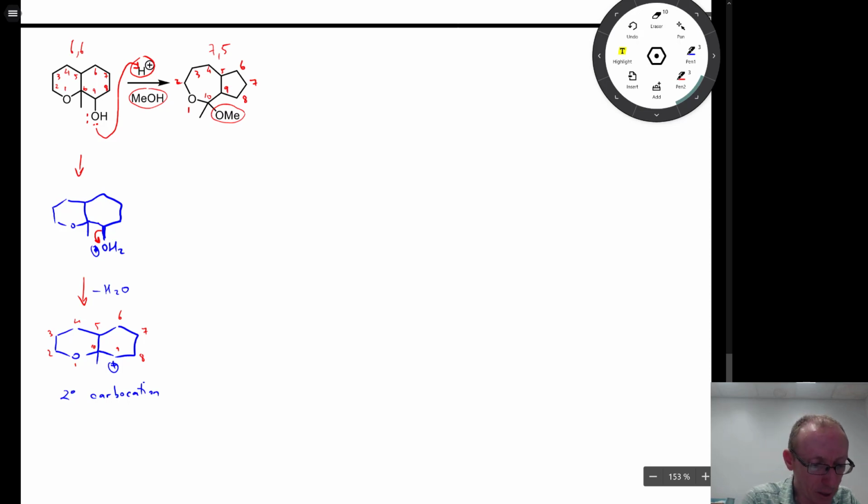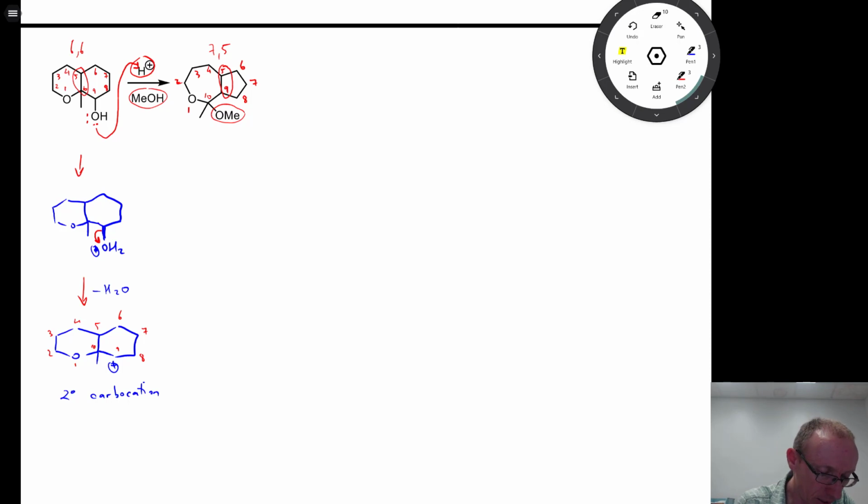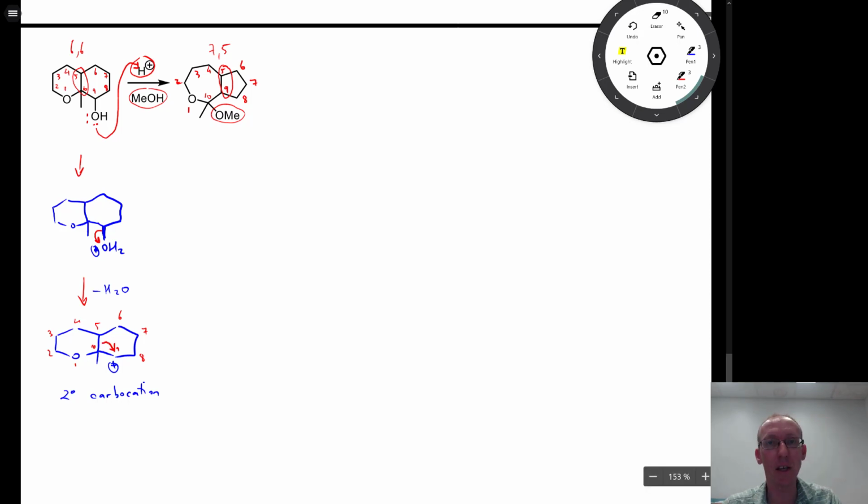In this starting material, we've got the 5 and the 10 carbons bonded together, and in the product it looks like the 5 and the 9 carbons are bonded together. So could it be that the 5 carbon and its pair of electrons have migrated across to the 9 carbon? Well, if we look at the carbocation we formed, it's at that 9 carbon. So that really does look good. So let's get that bond with its pair of electrons and migrate it across to that position there.